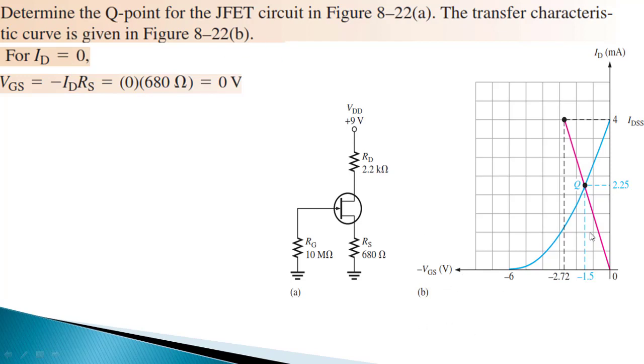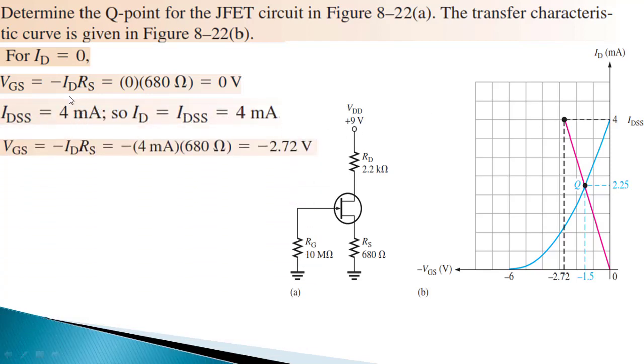Next, when ID is IDSS, the maximum current, what is the value of VGS? If ID is equal to IDSS, which is 4 milliamps in that graph, substitute VGS equal to minus ID, 4 milliamps, into the RS value of 680 ohms. So we get the value VGS equal to minus 2.72 volts.